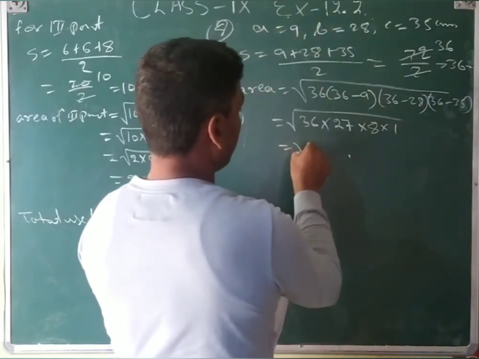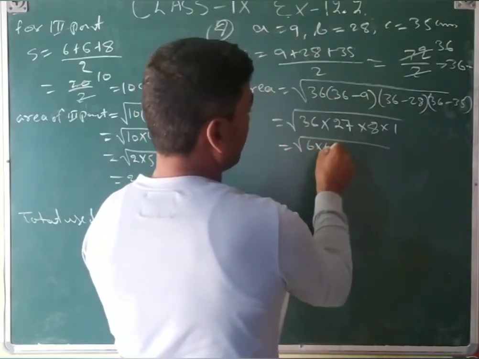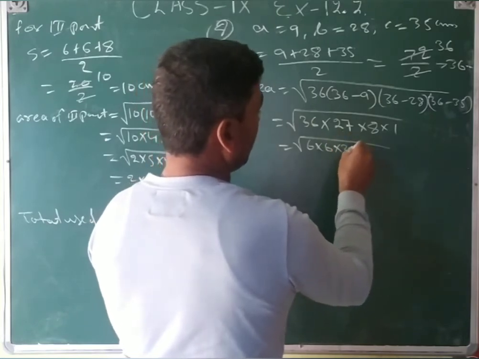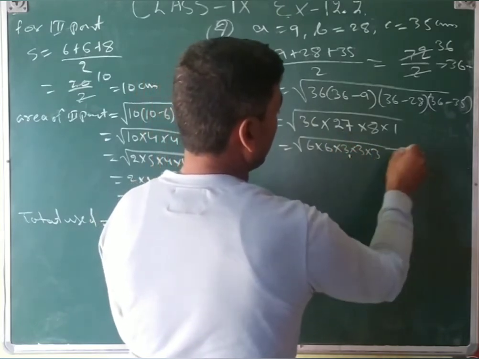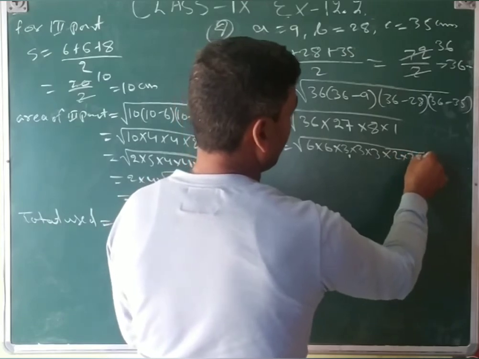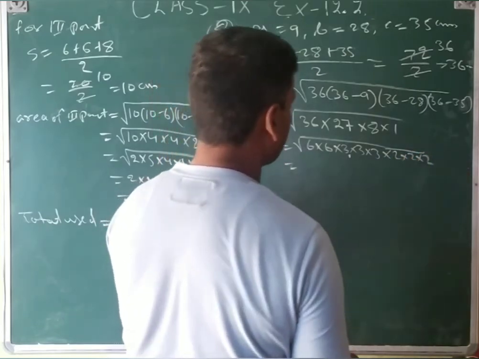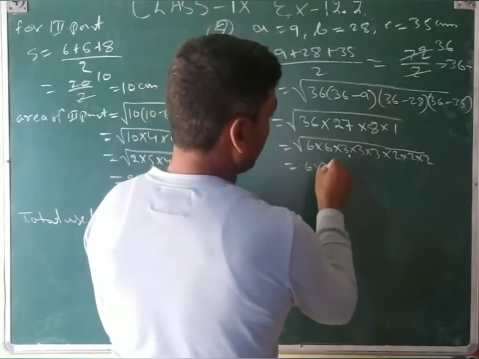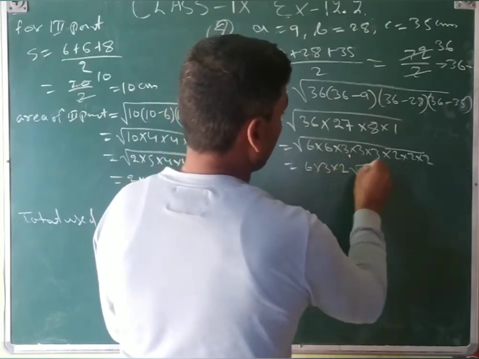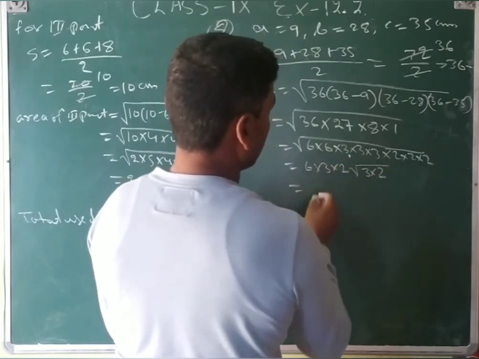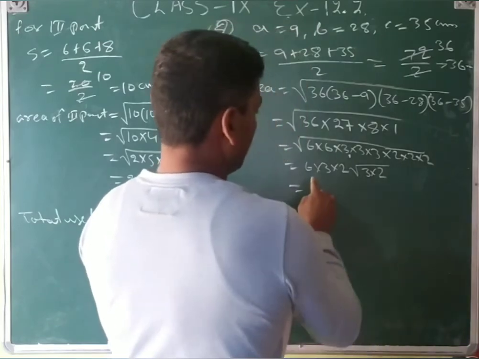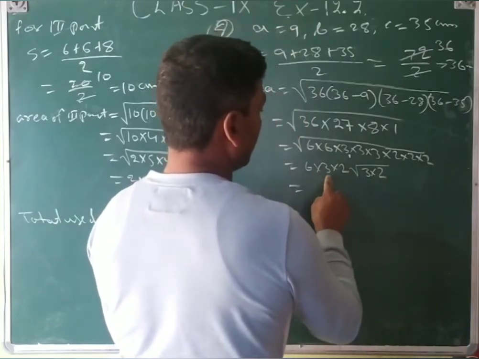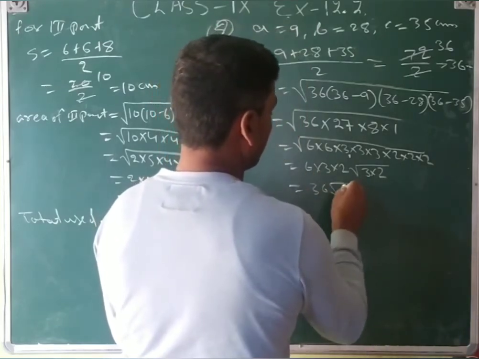Now that will be 6 into 6 for 36, that will be 3 into 3 into 3, and for 8, 2 into 2 into 2. So 6 into 3 into 2 comes outside, and 3 into 2 is inside. So 6 into 3 into 2 is 36 under root 6.